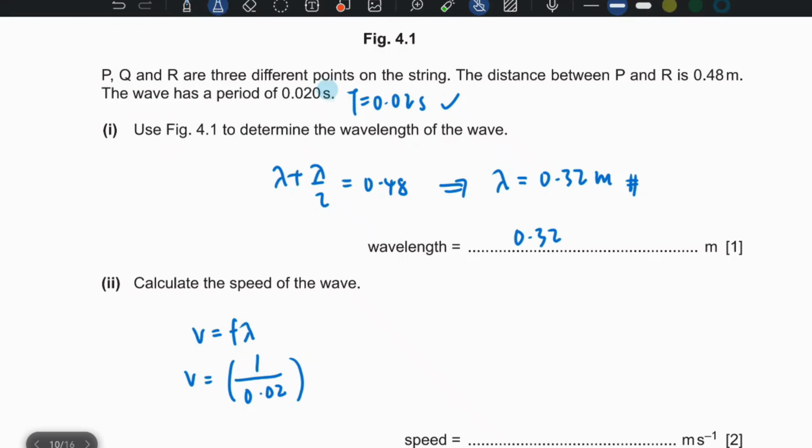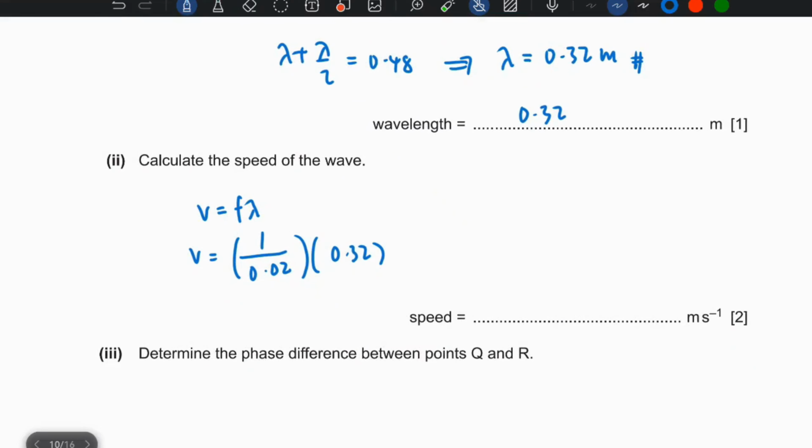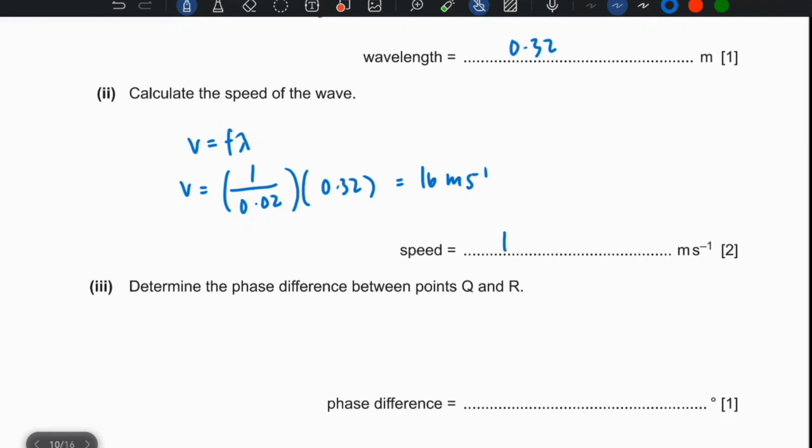Here it's in seconds, so I can safely use it. If let's say it's millisecond, make sure you times 10 to the power of negative 3. Lambda is 0.32, what we found in Roman 1. When we calculate this, we will get 16 meters per second. Also remember to check your significant figures, yeah? Make sure it's minimum 2 significant figures.